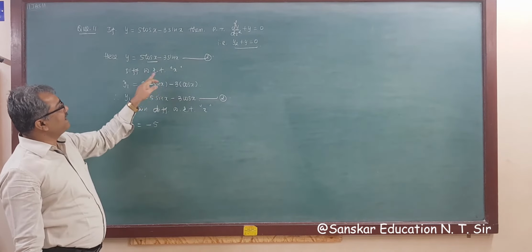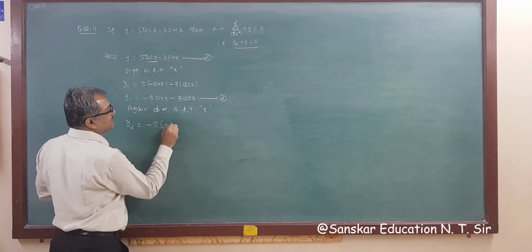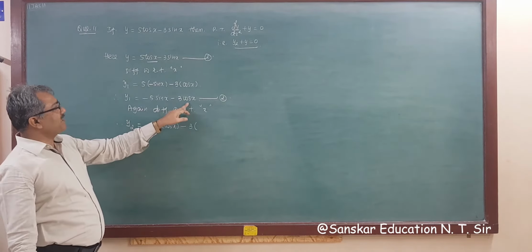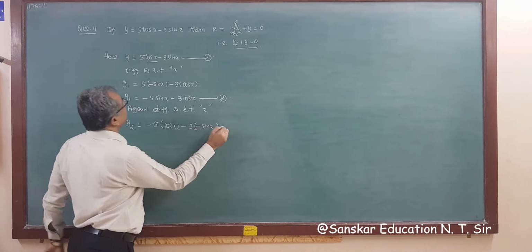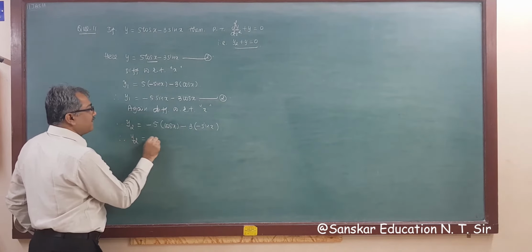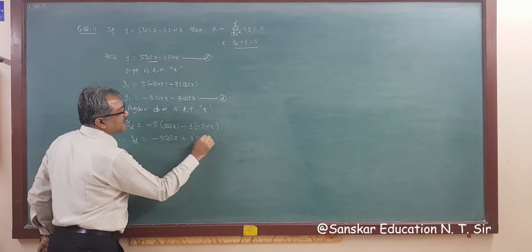Derivative of sin x is cos x. So here sin x is again cos x, minus 3, and derivative of cos x is minus sin x. So simplifying this, y2 is equal to minus 5 cos x plus 3 sin x.